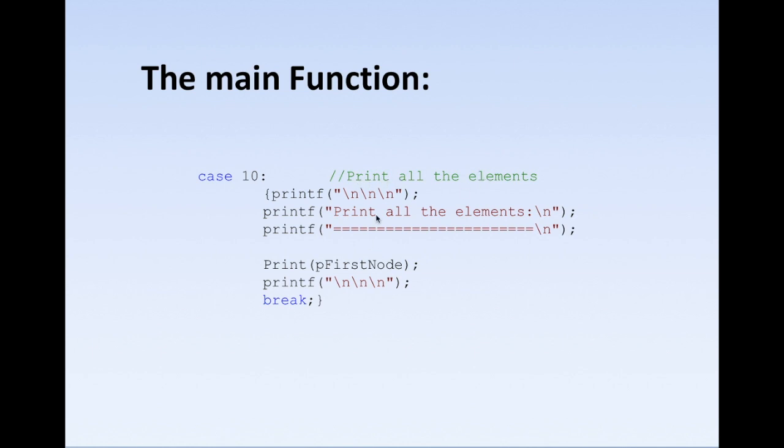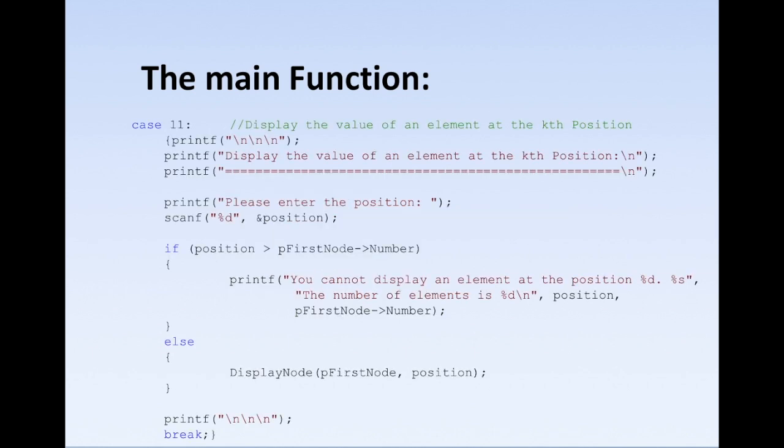And now this one prints all the elements, and this is the function print that we have implemented that takes only P first node, which is the pointer to the first element in the linked list, and iterates through all the items and prints the pointers and the values as we saw. Case 11, display the value of an element at the kth position. We have done it in function display node.